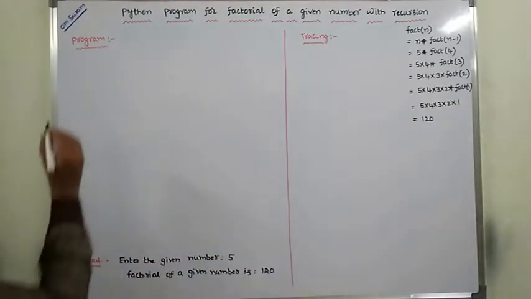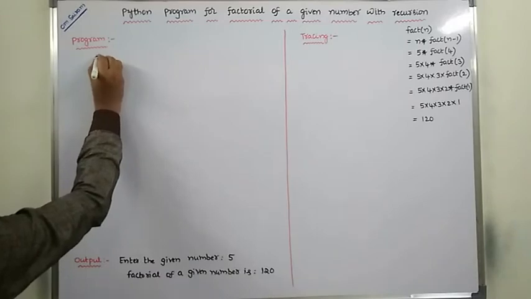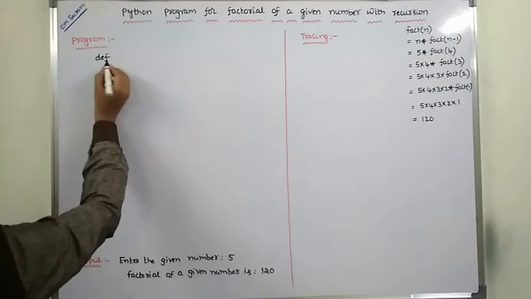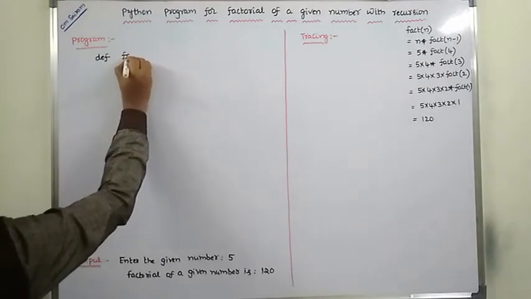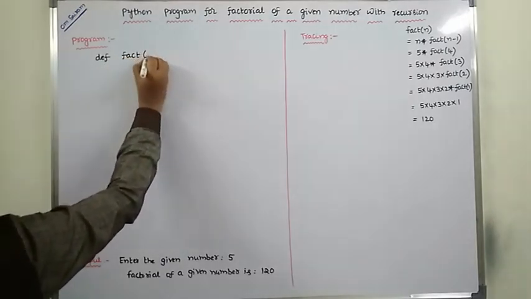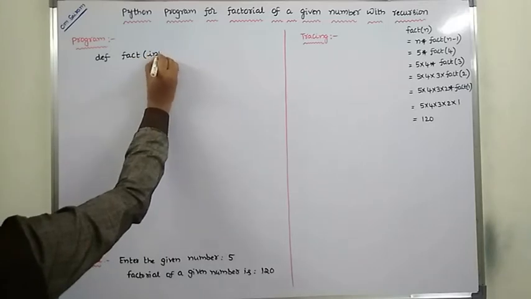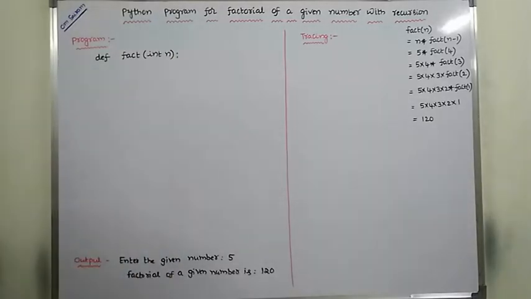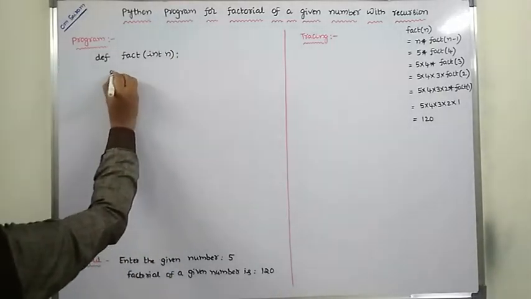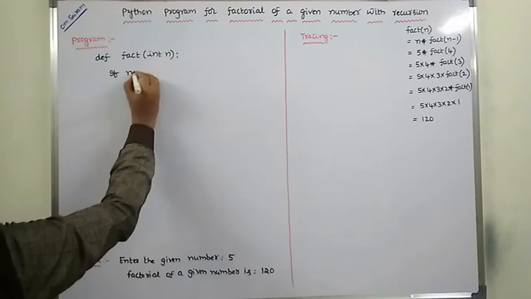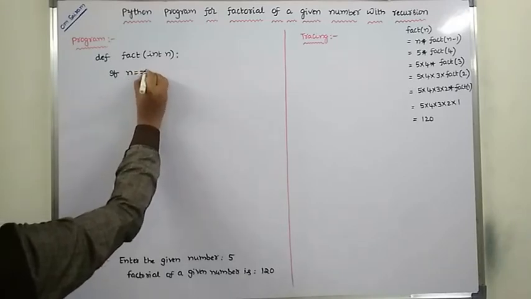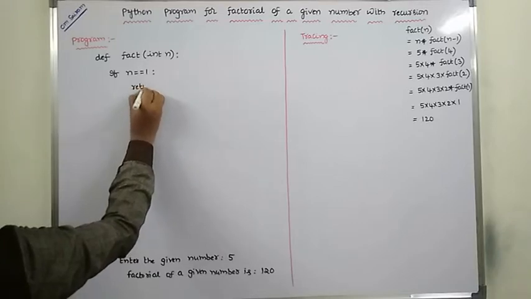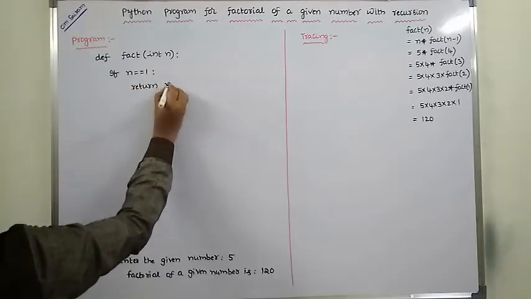First we have to define a function. def fact of int n, colon. Here if n is equal to 1: return n.